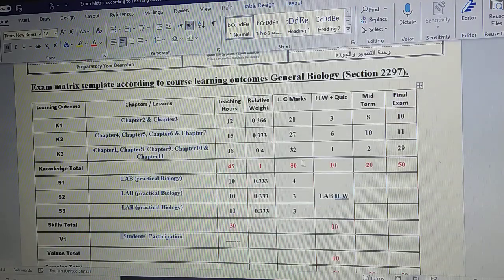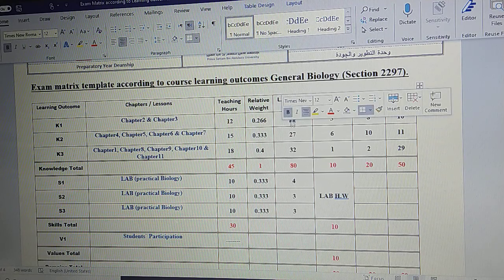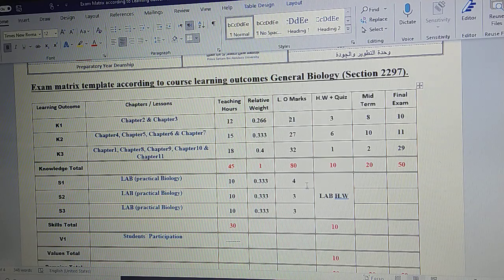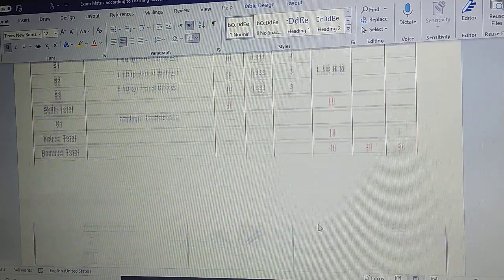At the end of this template, I get to know how I am going to write my exam, what the questions are which represent each course learning outcome, and how much each course learning outcome is represented by marks out of 100, I think, in all the courses. After we finish this template, we will take it also as a source for the second template.